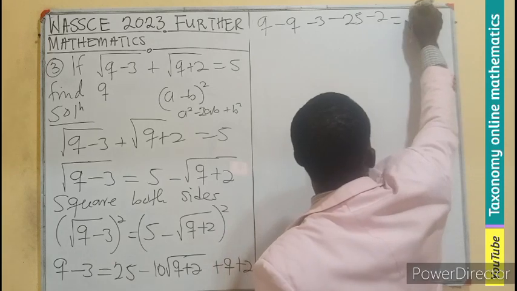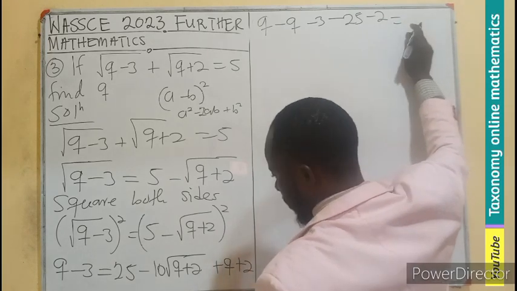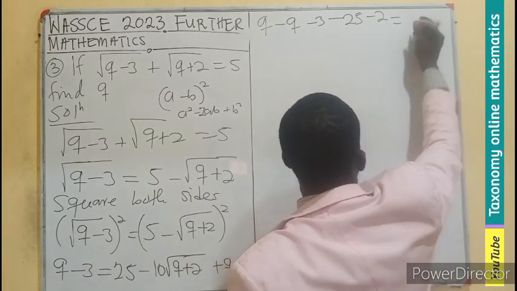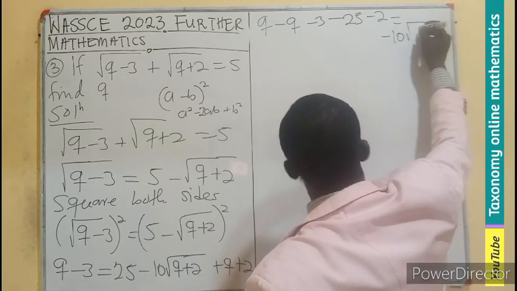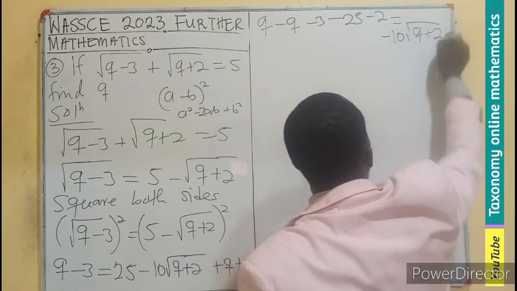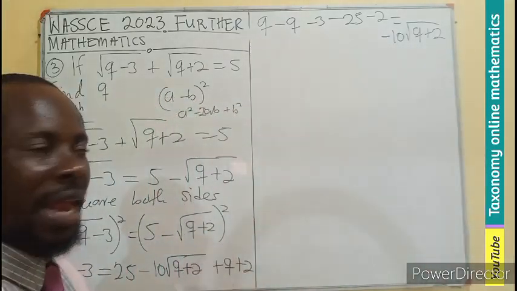All will be equal to, all these are gone, negative 10 the root of q plus 2. That's what we are left with.